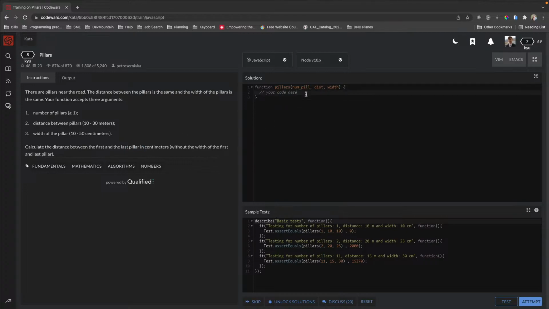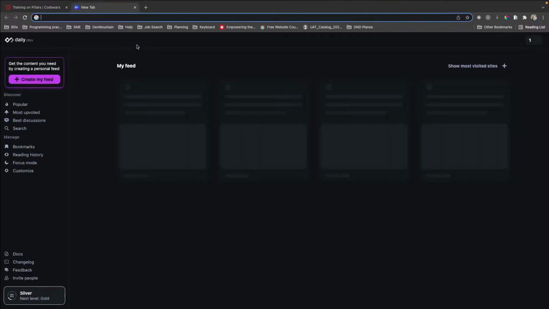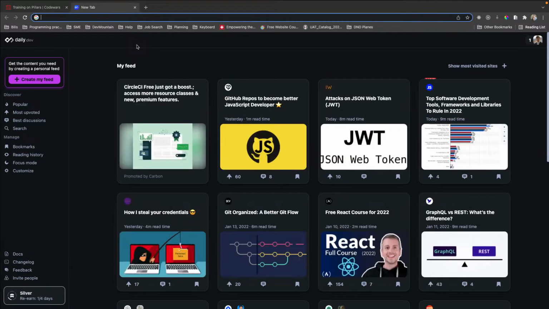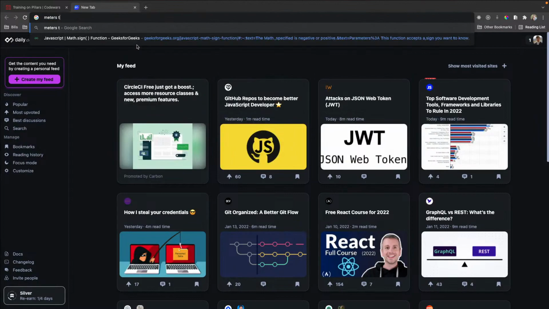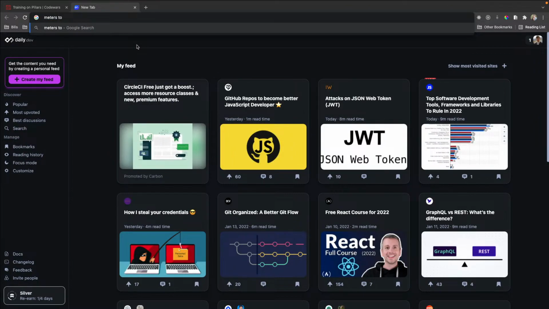Calculate the distance between the first and the last pillars in centimeters. Alright, so the first thing we need to do is figure out the conversion from meters to centimeters. So how many meters equals how many centimeters, right? I feel like it's pretty easy, like 100 or something.